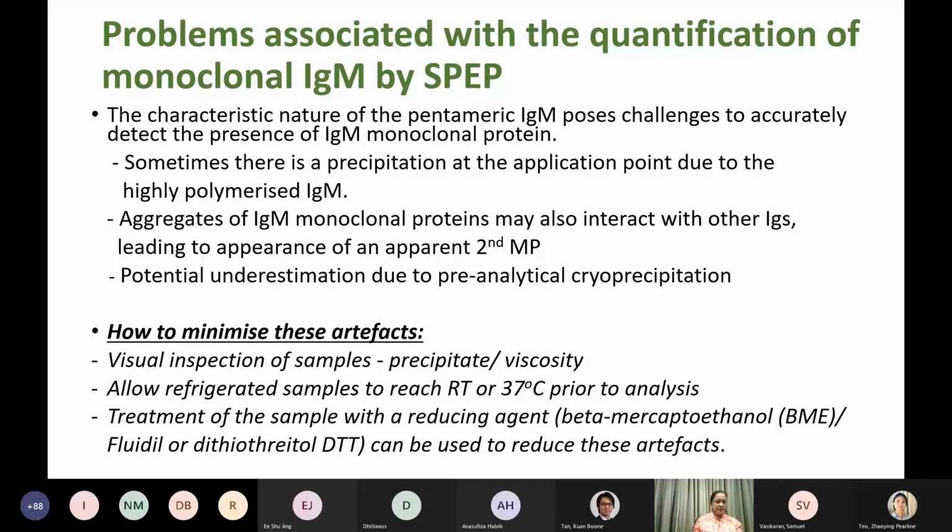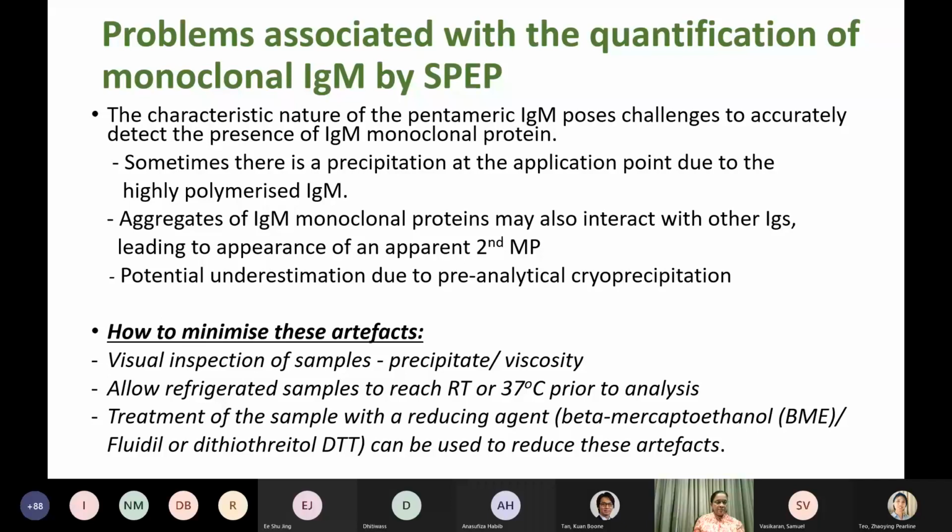Aggregates of IgM monoclonal proteins may also interact with other immunoglobulins, leading to the appearance of an apparent second monoclonal protein. And it is not uncommon to get falsely low values due to pre-analytical cryoprecipitation.